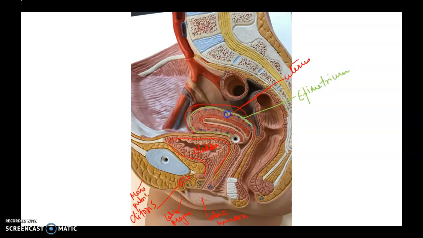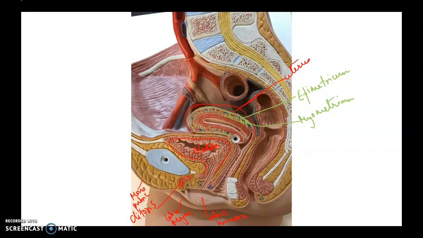Then this layer, where you see all the muscle layer is called myometrium. And when we have contractions, it's the smooth muscle of the myometrium that starts contracting. This is controlled by the autonomic nervous system, and that's why obviously females, we cannot control our contractions during childbirth, right? And it's strong smooth muscle layer.